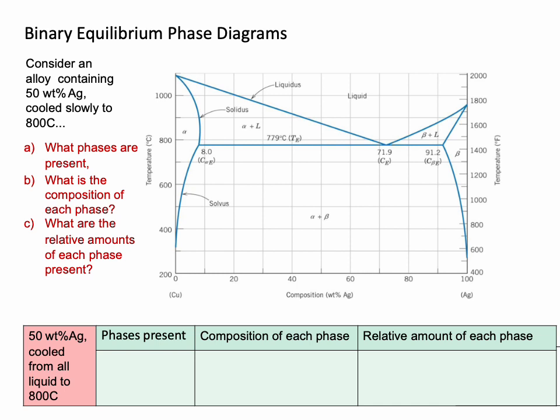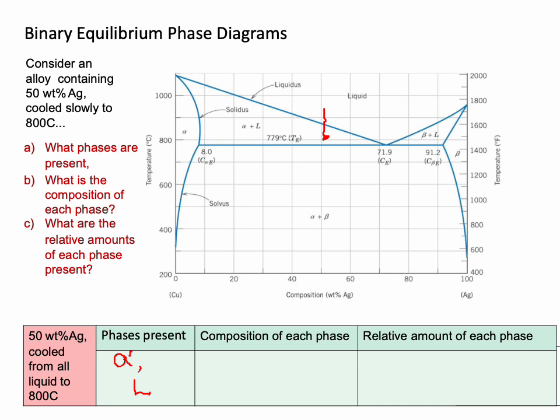So that's right here, and we're going to stop at 800 degrees. So we're in the liquid and alpha region. That's the answer to the first question. What are the phases present?